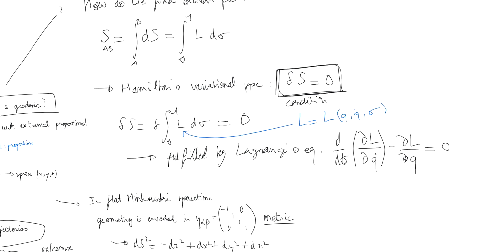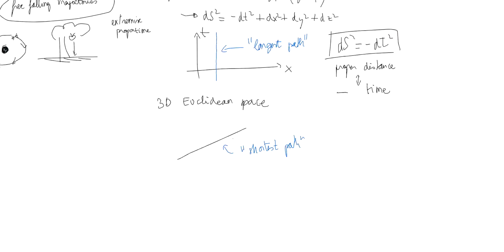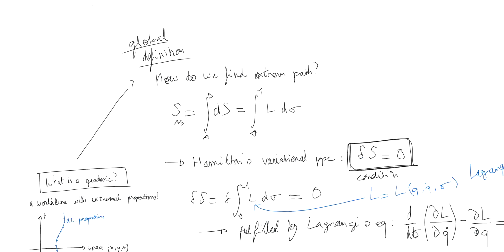That's the Lagrangian of your system, which basically you obtain from your line element. That's how I did it. I didn't do any magic tricks. Here we see that ds equals L d sigma. That's how I obtain it.